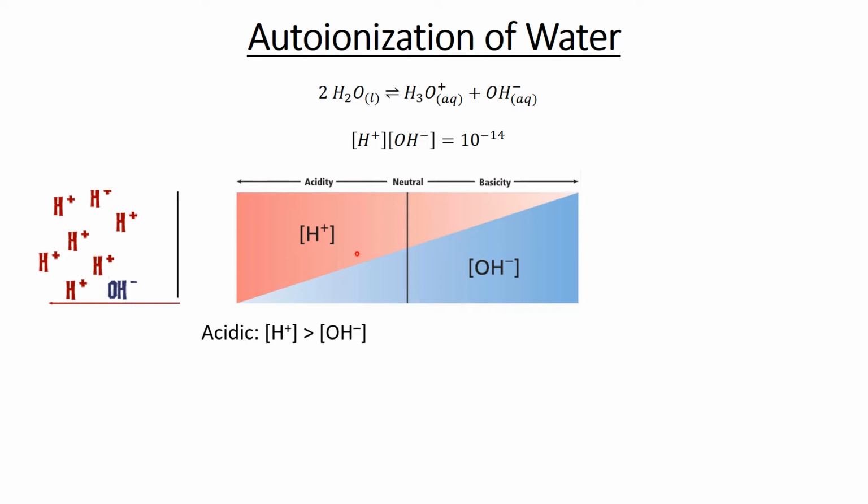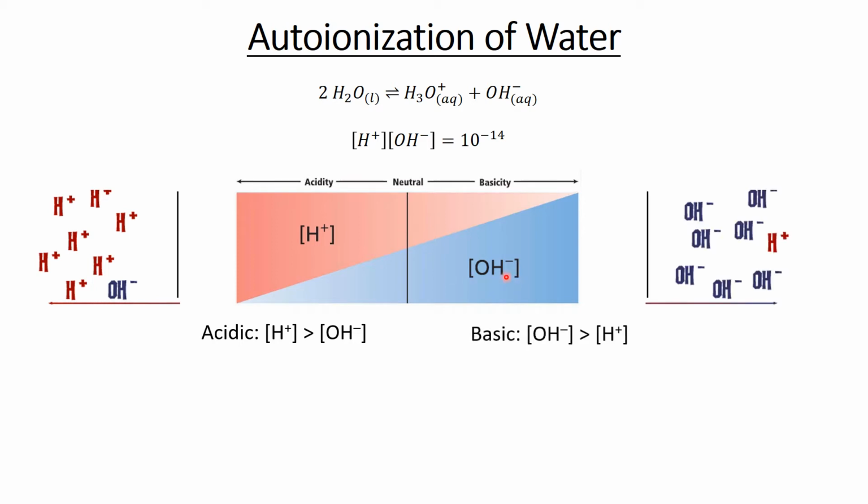Then if I take a sample of water and I add a lot of hydroxide ions, so now there are a lot of hydroxide ions floating around in solution, I have more hydroxide ions than H plus ions. And as my hydroxide ions increase, my H plus ions start to decrease, because if I dump a lot of OH minus into solution, they're going to pair off with the H plus to make water.